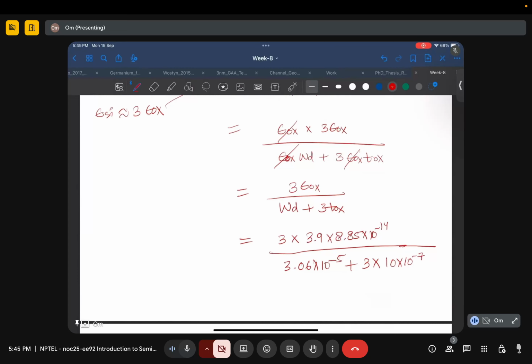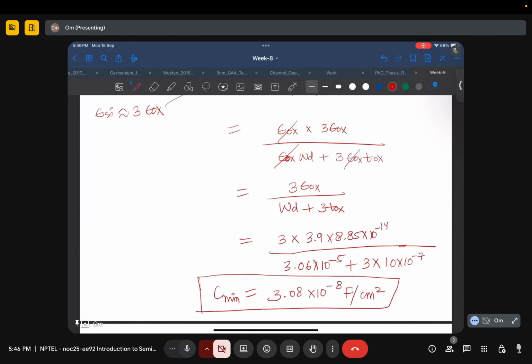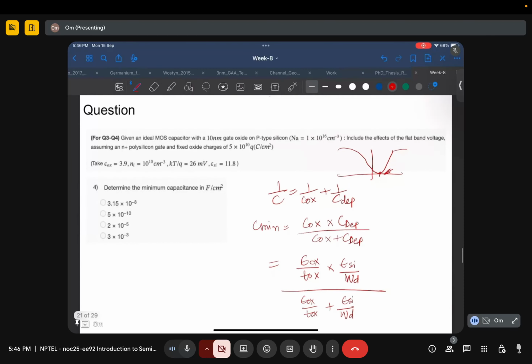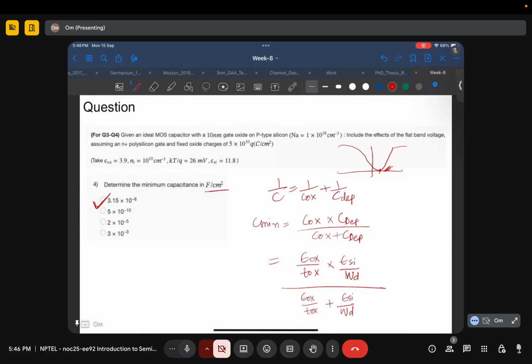If you solve this, what you get is 3.08 into 10 to the power minus 8 farad per centimeter square. Closest one is this, 3.15 into 10 to the power minus 8 farad per centimeter square.